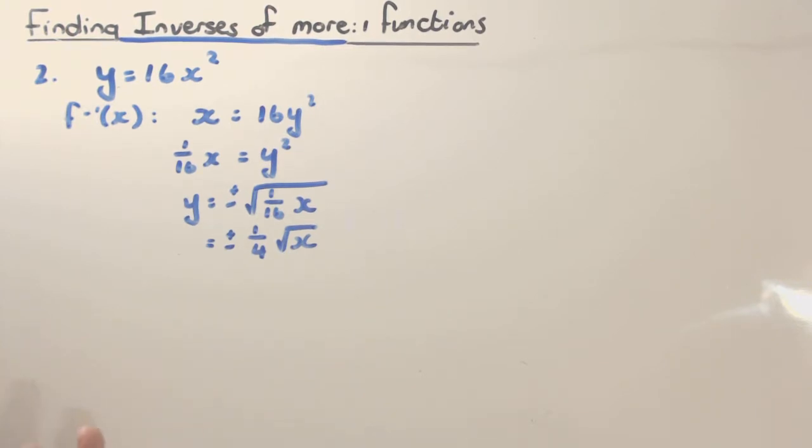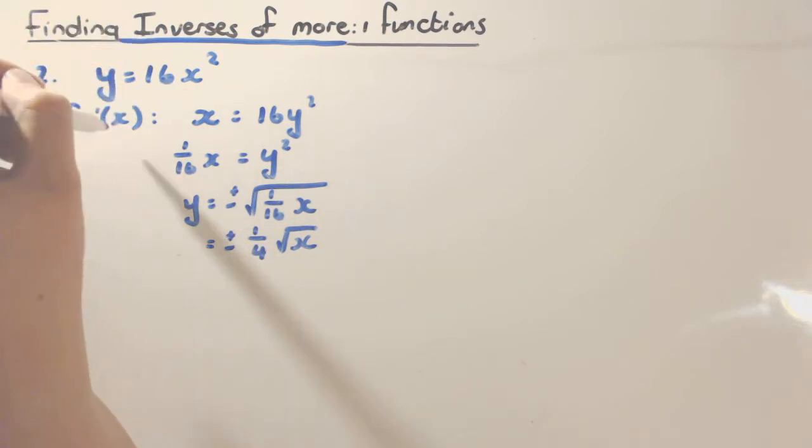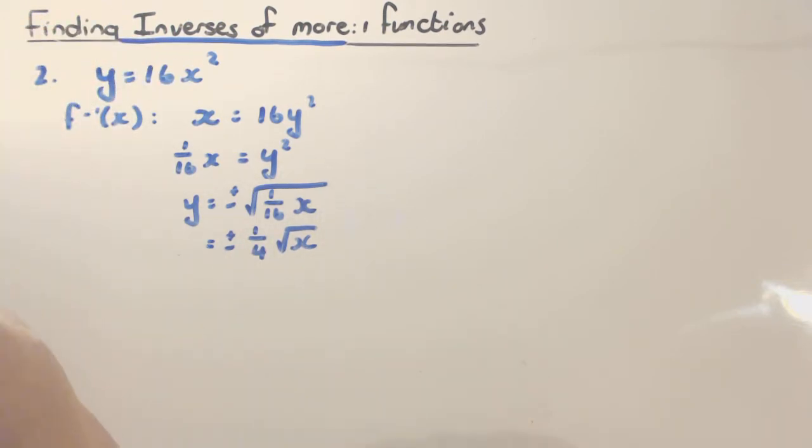Usually the positive part. So they didn't say anything in the question about restrictions. They just said sketch the inverse function of y is equal to 16x squared, and the inverse function, so that the inverse is a function, I must restrict this.